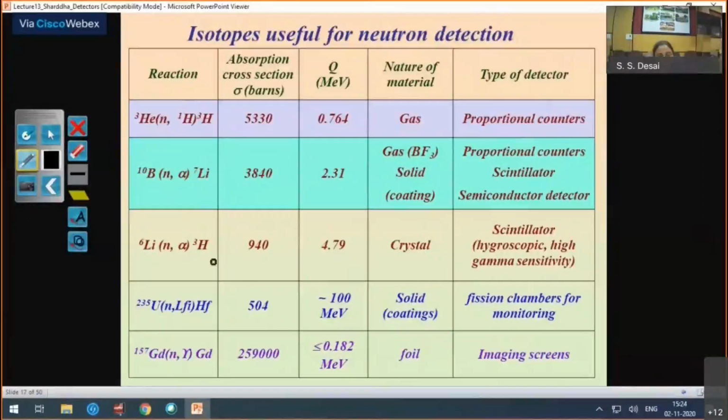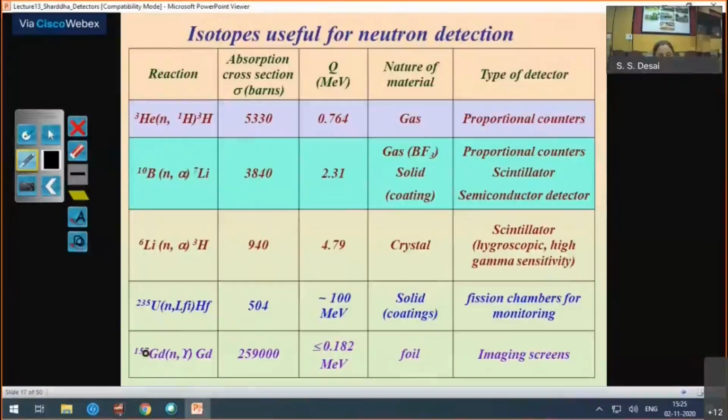Whereas going for lithium, yes, it has a very good Q value, so gamma discrimination is possible, but its absorption cross section is low, and it is highly hygroscopic, and we have to make very good crystals out of it. These hygroscopic crystals have to be handled very carefully. So lithium can be used mostly in scintillation detectors. Now uranium-235, which can be a coating, again has a very low absorption cross section, but these are solid coatings which are usually used in fission chambers.